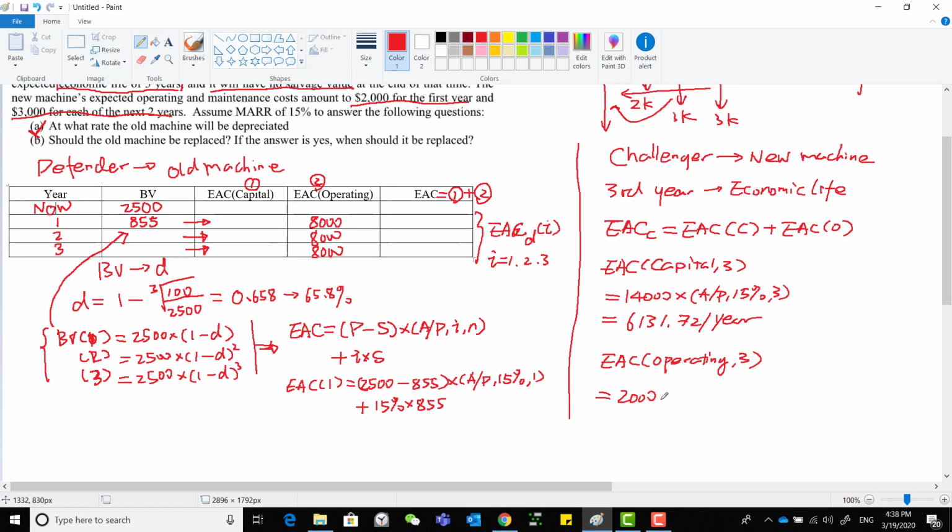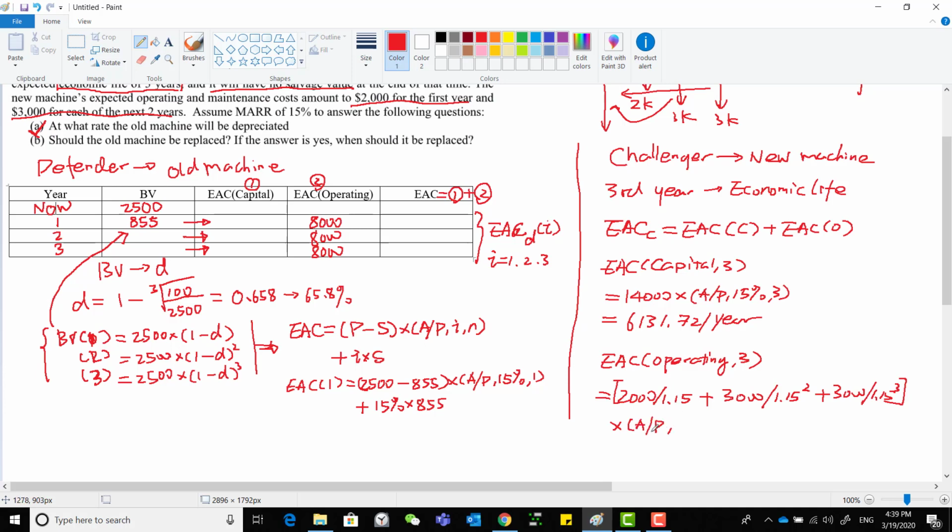So let's convert those values back to present worth. We divide by 1.15, because 15% is our interest rate, so this is 2,000 divided by 1.15, plus 3,000 divided by 1.15 to the power of 2, plus 3,000 divided by 1.15 to the power of 3. After we convert this, we spread the present worth over 3 years.